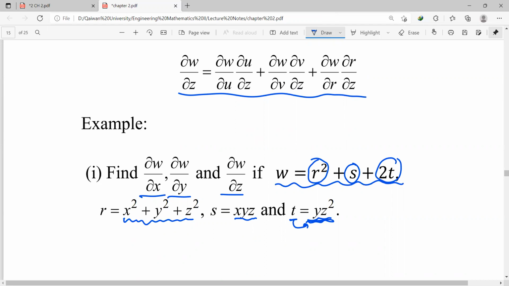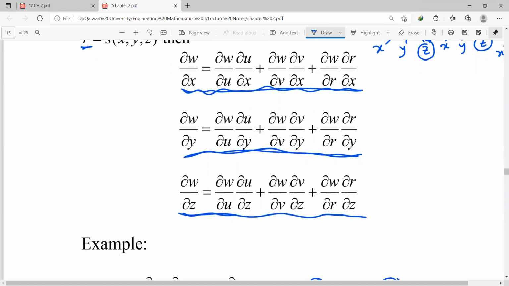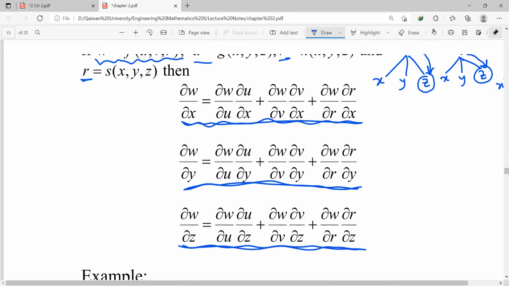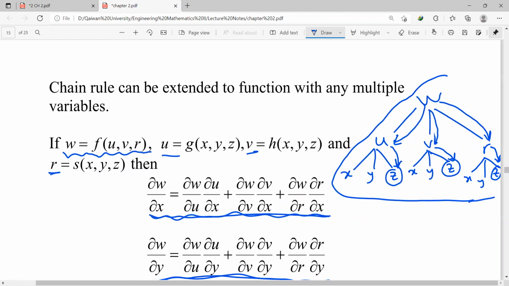To find partial w by partial x, you should know these rules. To not forget the rules, it's easier to use this diagram, this tree. This tree is a really good way to not forget the rules. Do you know how to use this tree? It makes it easy to write down all the chain rules.